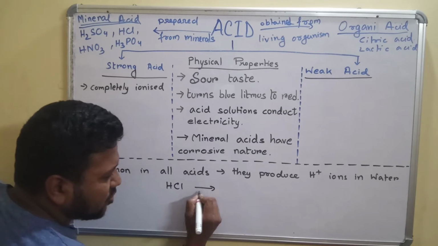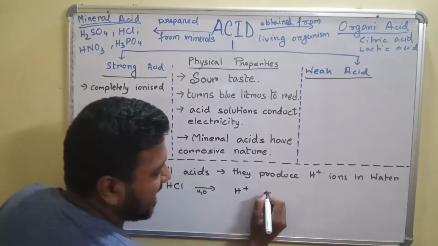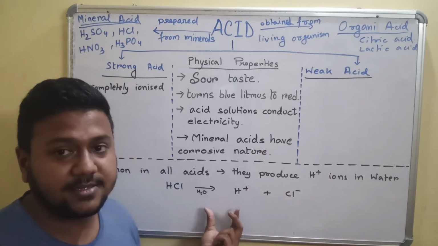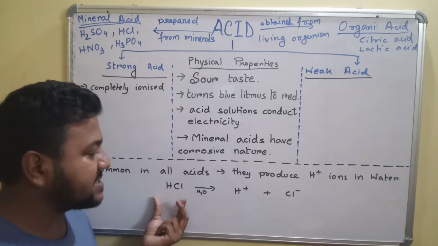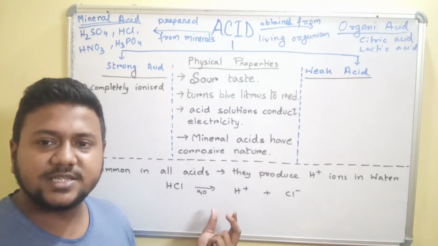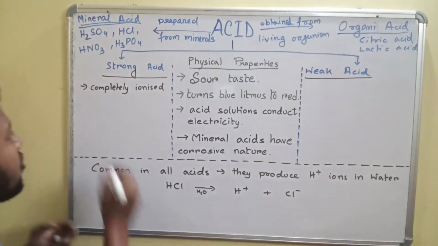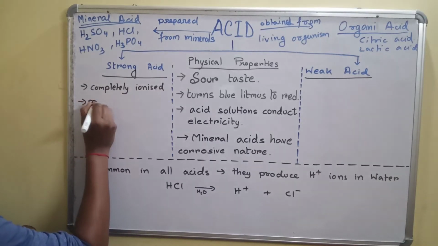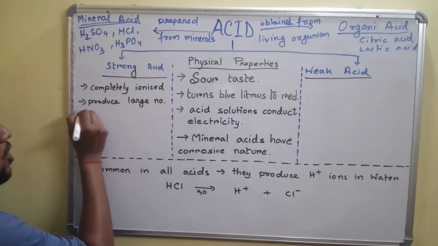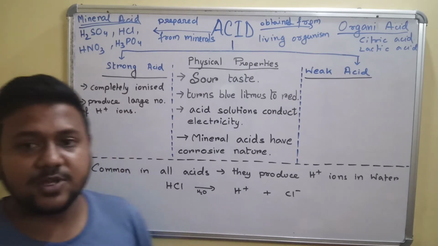When it is dissociated in water, it breaks down into H plus and Cl minus ions. This dissociation of the strong acid is complete. All the hydrogen present in the molecules of hydrochloric acid breaks down to give H plus ions. Therefore, strong acids produce a large number of H plus ions.